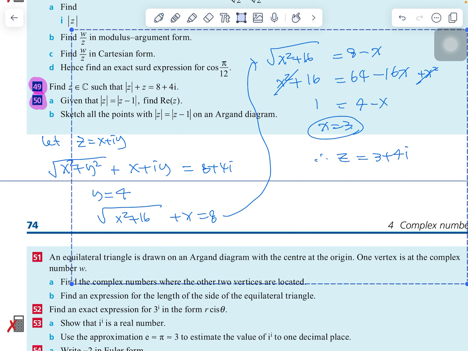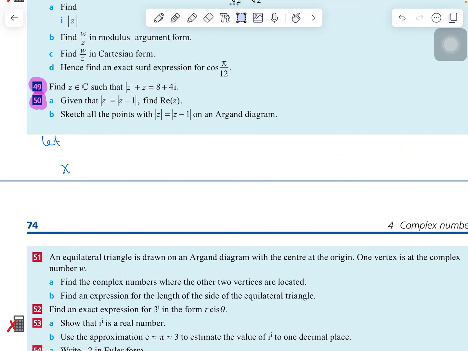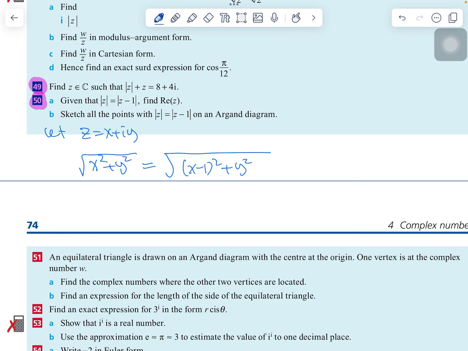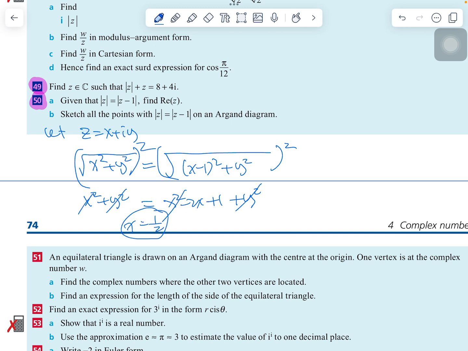And number 50. Modulus of z and modulus of z minus i. Again, let z be x plus iy. Square root of x squared plus y squared equals the square root of x minus 1 squared plus y squared. So x squared plus y squared equals x squared minus 2x plus 1 plus y squared. So x becomes 1 over 2.